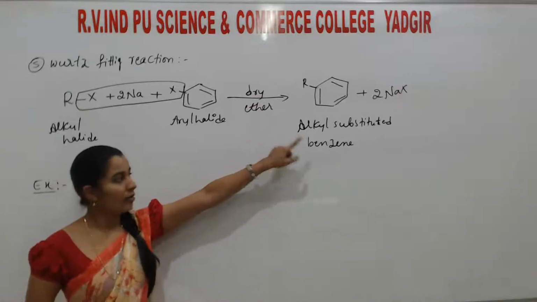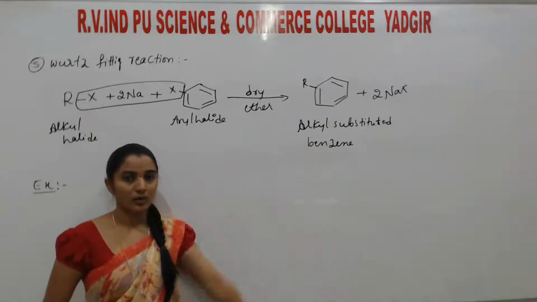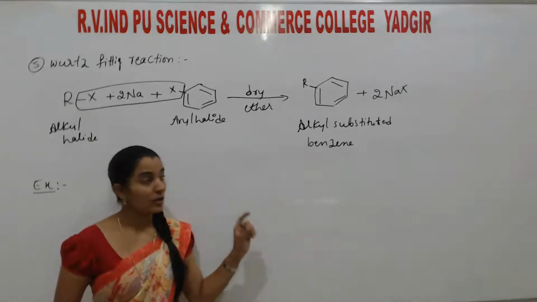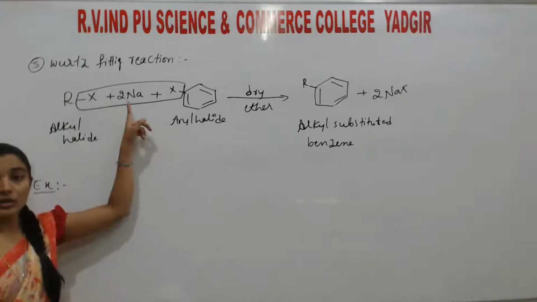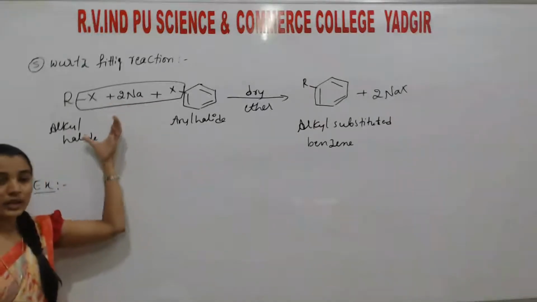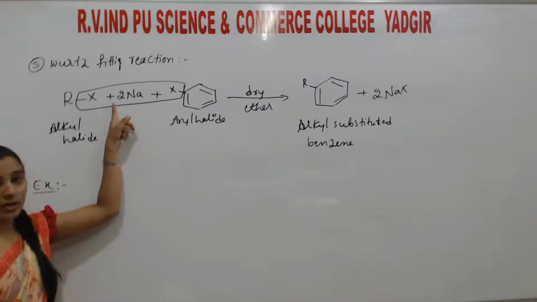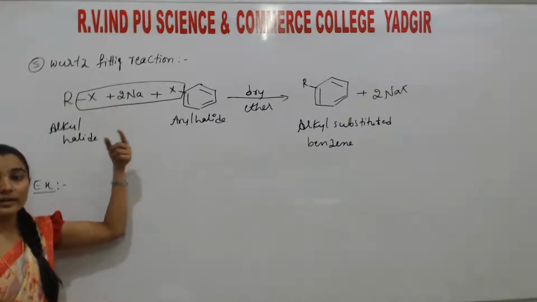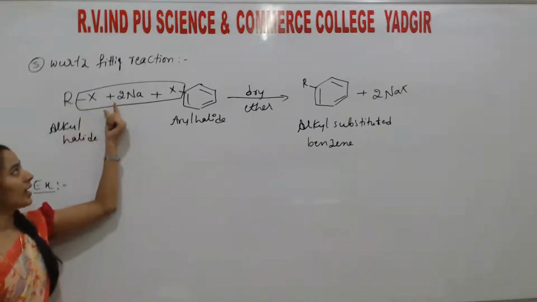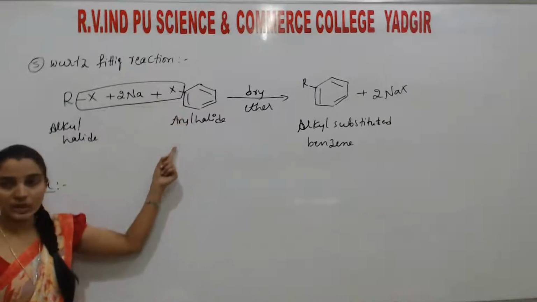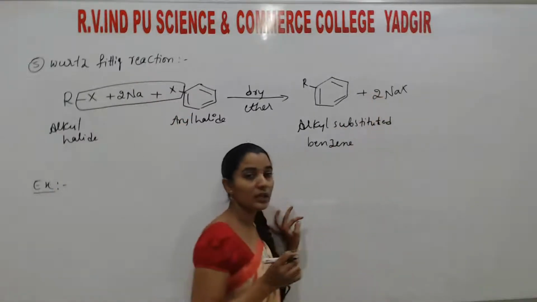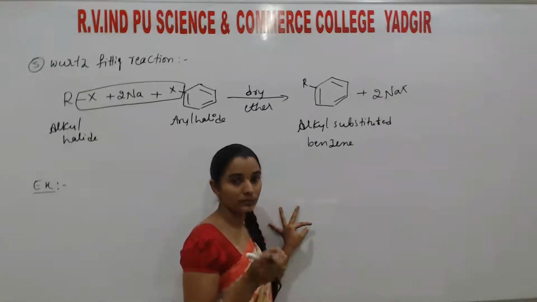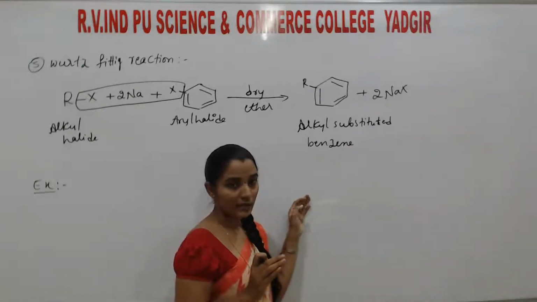This is the condition followed by the products. If a plus is there on the reactant side, you are going to use reacts with. Alkyl halide reacts with sodium, further reacts with aryl halide. Here, on the product side, this positive sign indicates along with. Remember how to write the explanation.